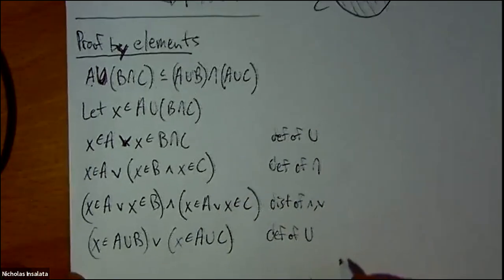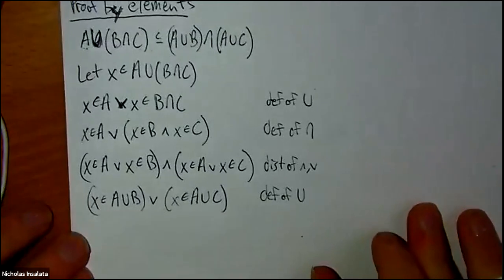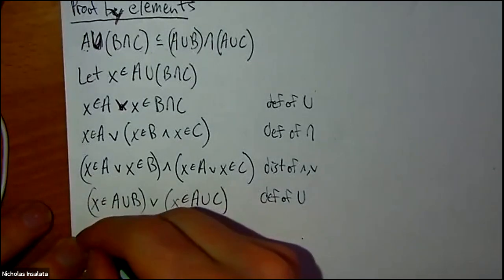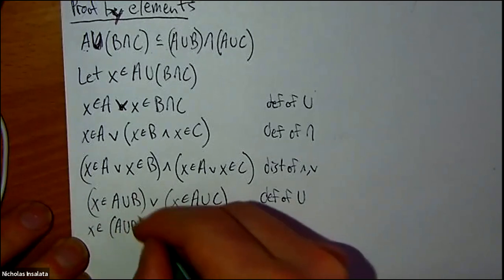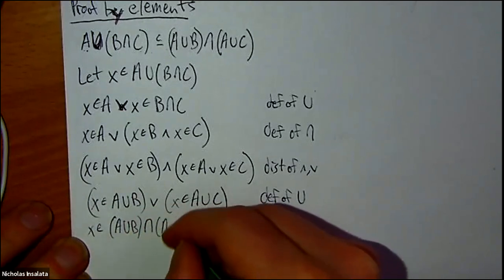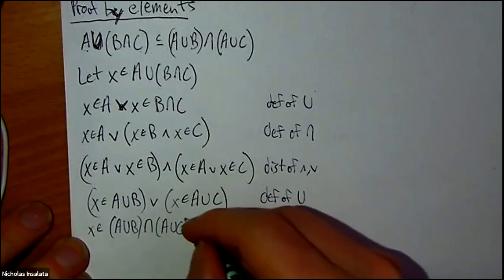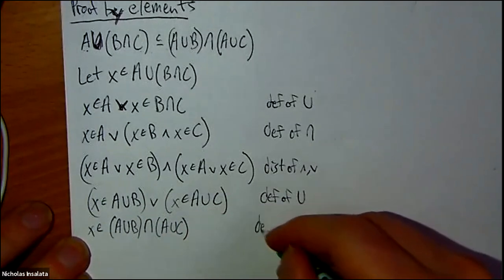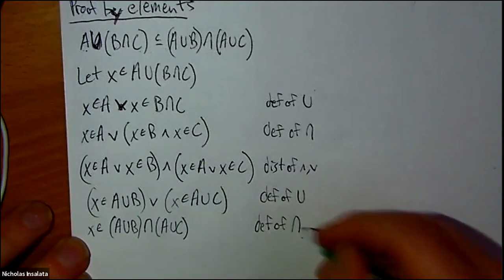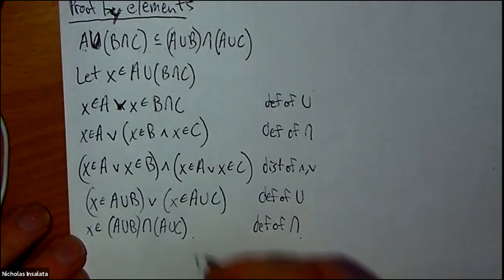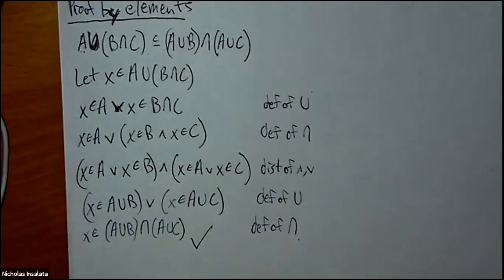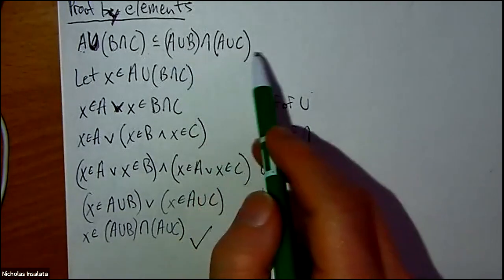Then we have definition of intersection, right? So we'll have X is an element of (A union B) intersect (A union C) by definition of intersection, and that's what we wanted, right? That's the right side we were looking for.